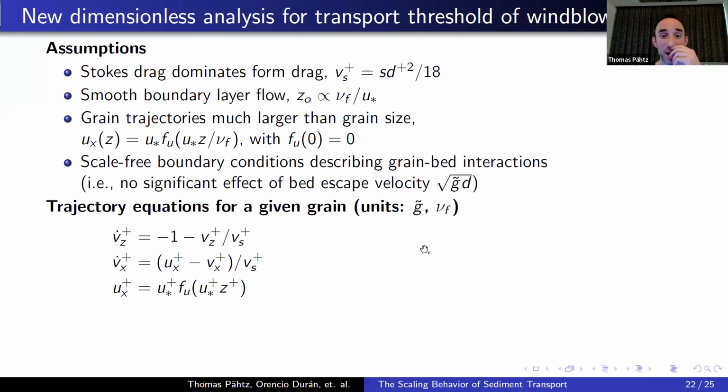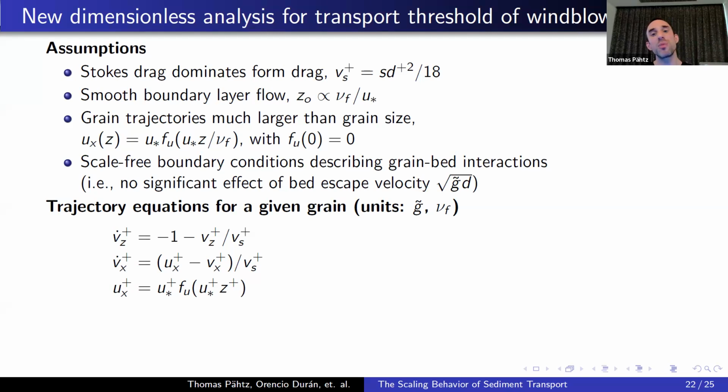If we assume that, and we write down the trajectory equations for every single grain, using units of g tilde and EF in the dimensionless trajectory equations, what we find is that these equations describe an outgoing particle lifting off from the surface and link it to the impact velocity.